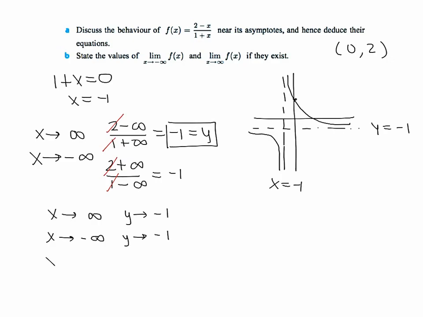As x is approaching -1 from the left side, the y value is approaching negative infinity. As x approaches -1 from the positive side, the y value is approaching positive infinity.